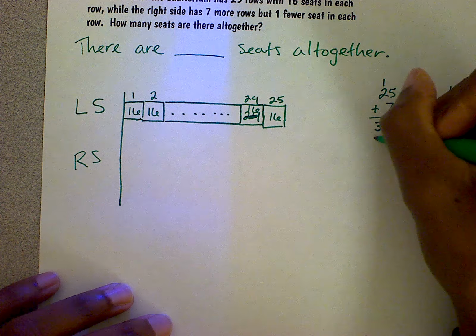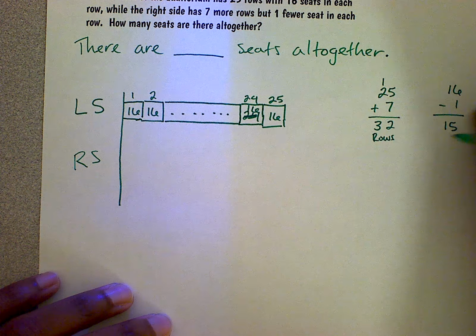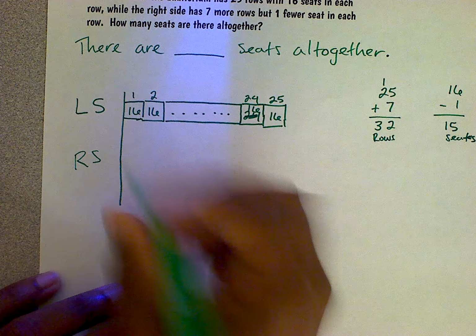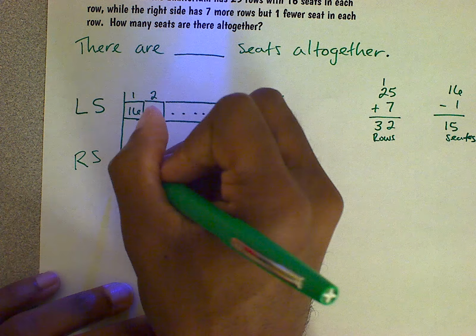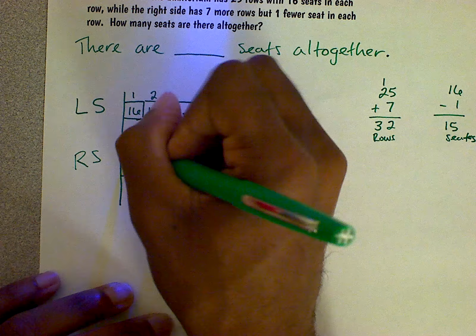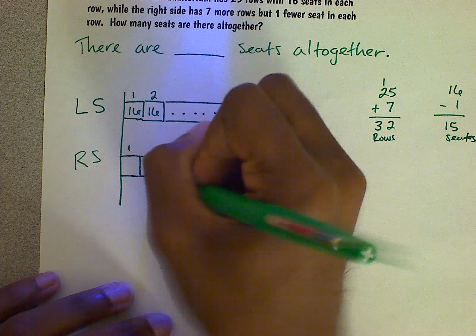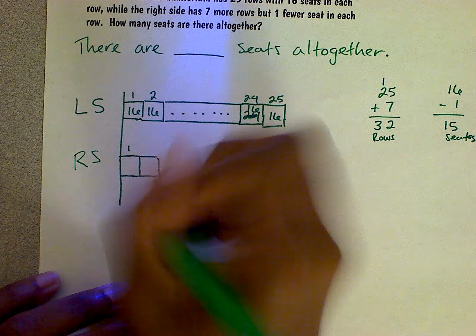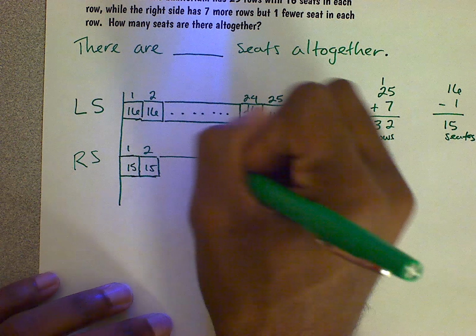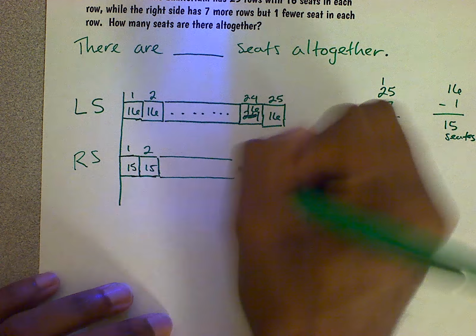So these are my rows. These are my seats. Like I did for the left side of the auditorium, for the right side I also make my rectangular shape for my first box here with 15 in them. Draw my rectangle that continues on.